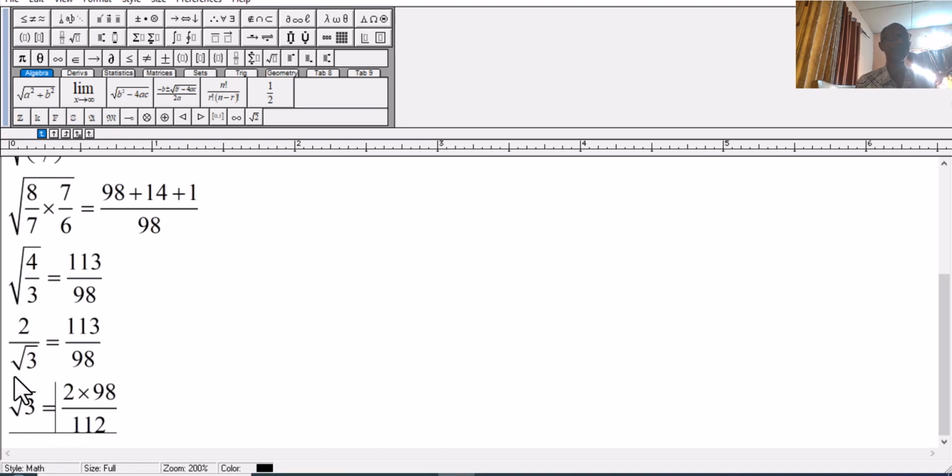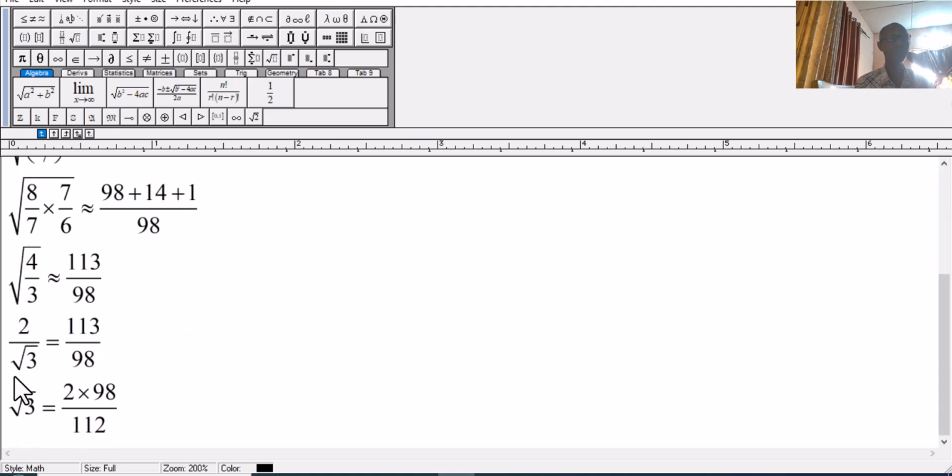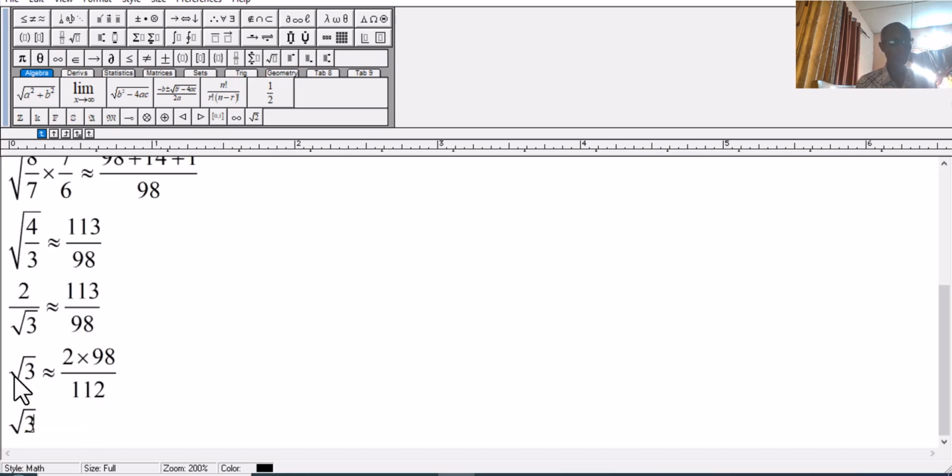I need to change the symbol, so we'll change it. So it's approximate. So if we open that bracket up with 3, it will be approximate.